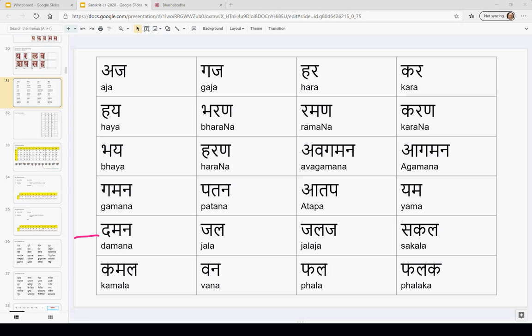Damana is suppression, the act of suppression. Jala is water. Jalaja is usually used for the lotus flower. Jalaja is one which is found in water, which is born in water. And Sakala means all.